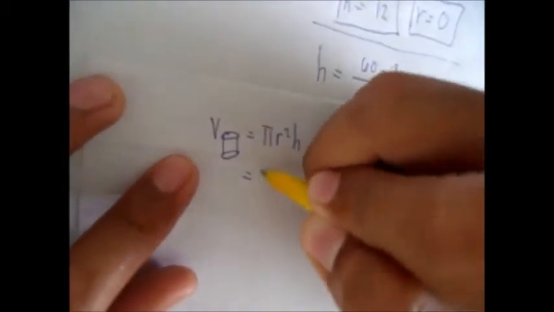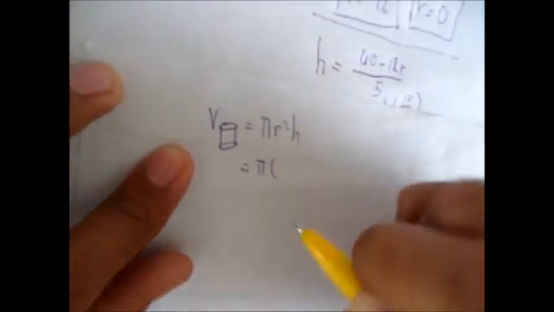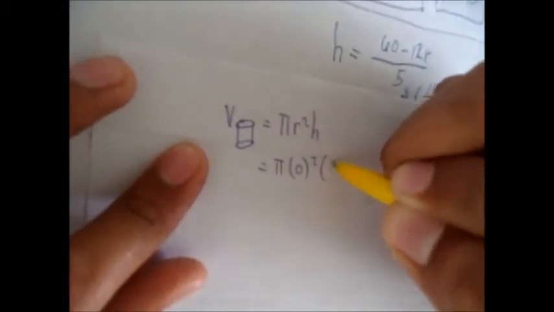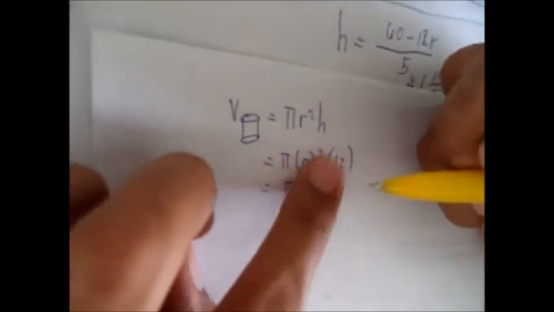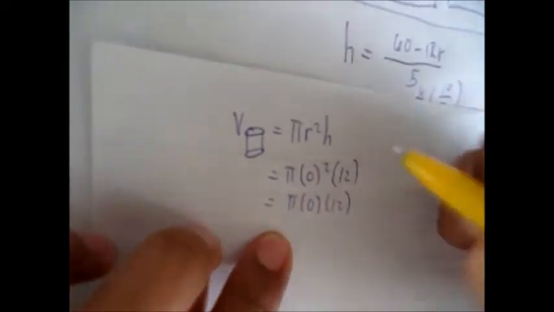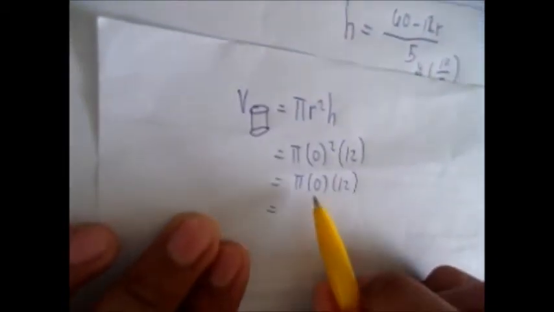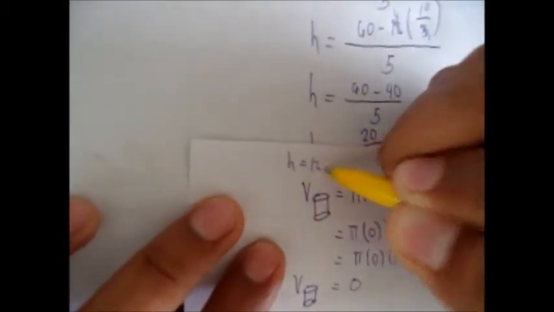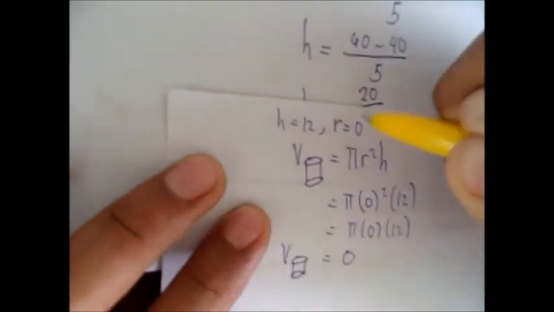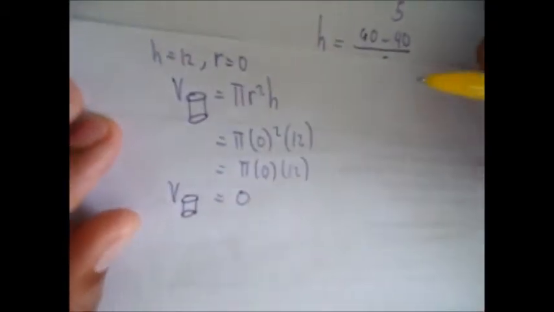So pi times 0 squared times 12. Since it is squared, 0 times 12 is equal to 0, times pi is equal to 0. So we don't have any volume when the height is equal to 12 and r is equal to 0.